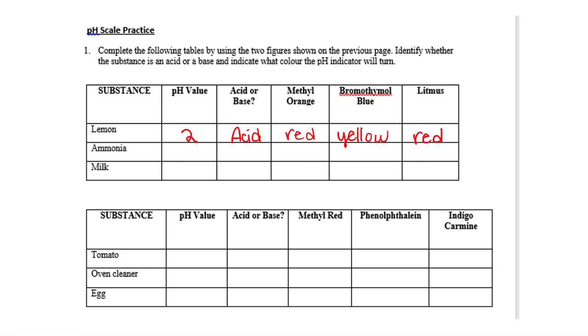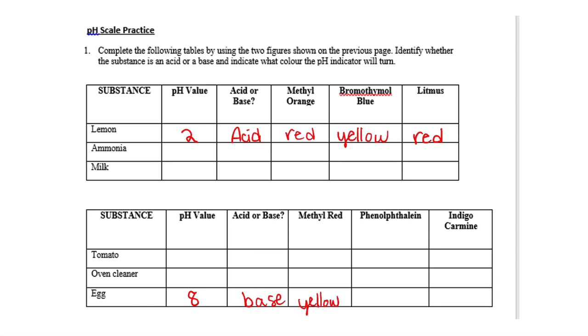Tomato has a pH of, actually, let's do something that's basic. So we'll do an egg again. An egg has a pH of 8. It is considered a base. In methyl red, it's going to be yellow. And be careful with the methyl red versus methyl orange because they are different.